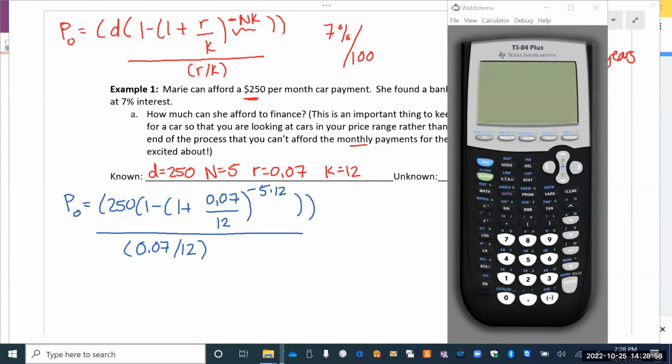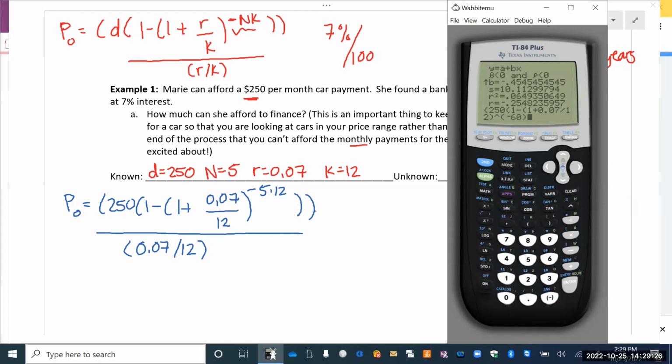Okay, so on my calculator, I'm going to go ahead and type all this in. So where you see parentheses is where you need to have them. So parenthesis 250, parenthesis 1 minus, parenthesis 1 plus 0.07 divided by 12, close parentheses, raised, and I'm going to put parentheses negative 60 here.